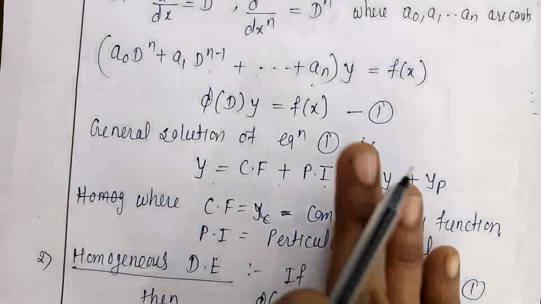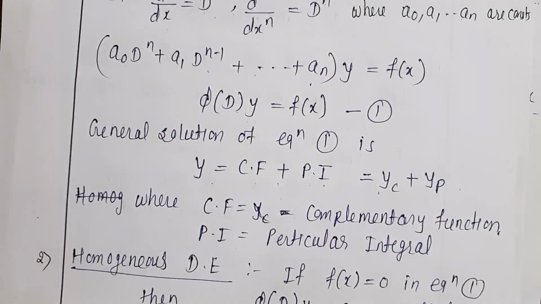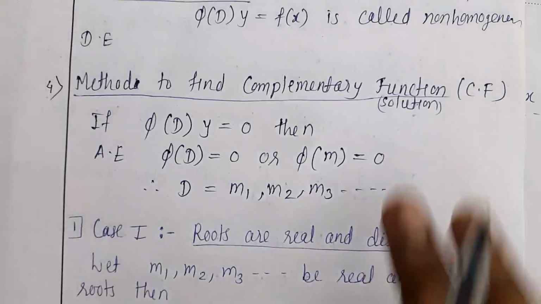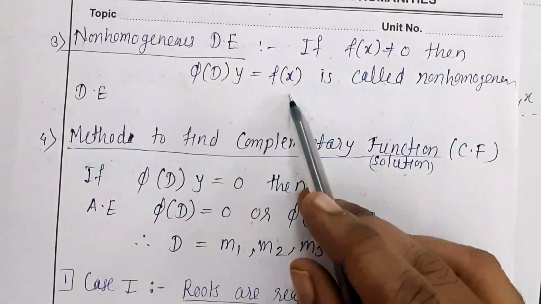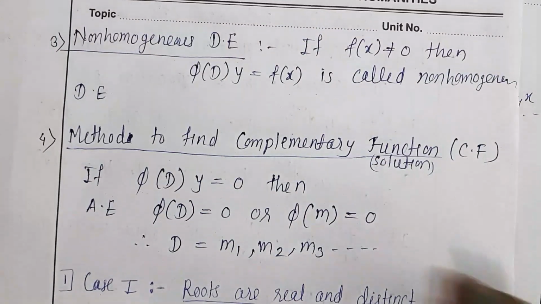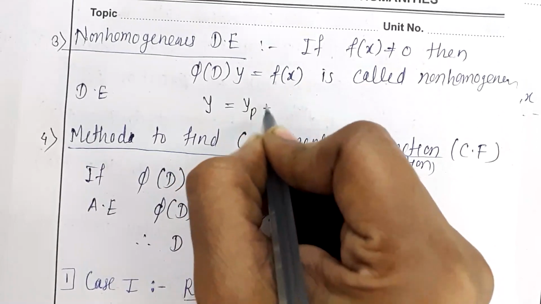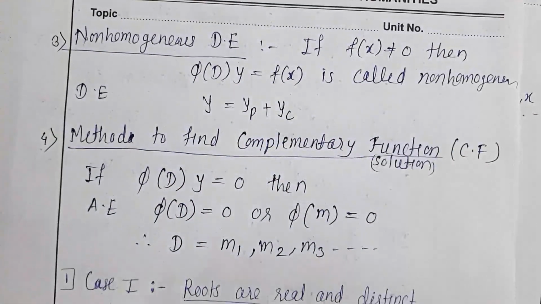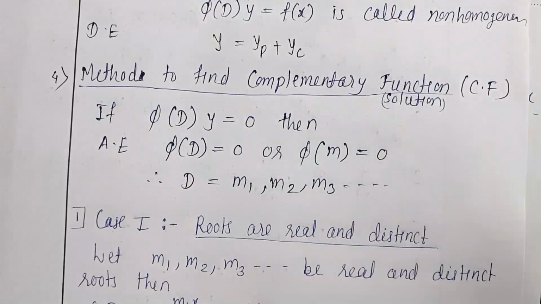For a homogeneous differential equation, the solution is y equals CF only. Now, the method to find the complementary function or complementary solution.